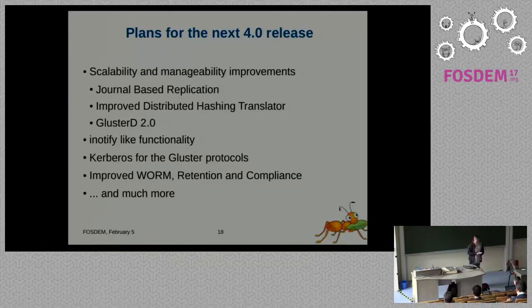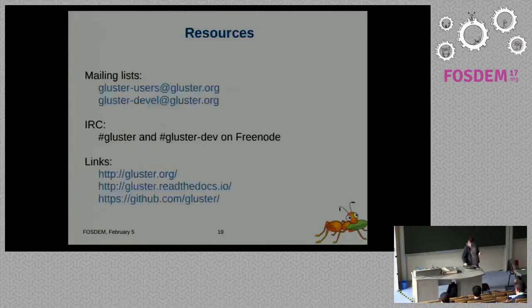Hopefully we have a bit more functionality in the 4.0 release. We have basic WORM features, but they're nowhere near what people expect from compliance-approved WORM. So we have simple write once, read many kinds of features, but it's like a toy and nothing really official.